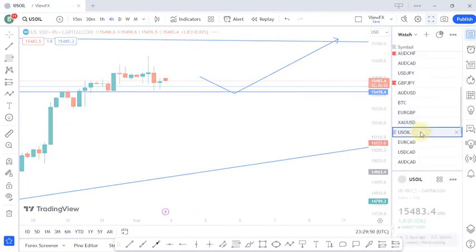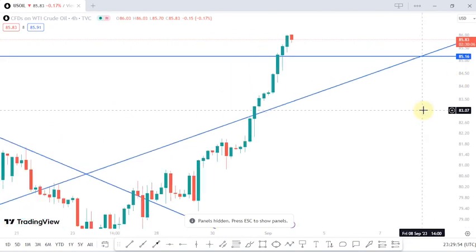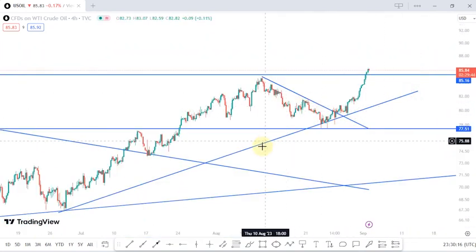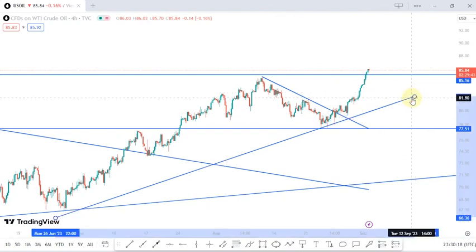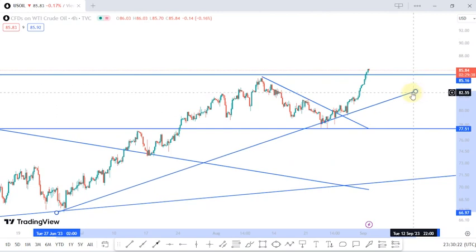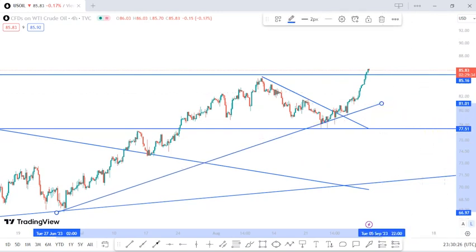Let's look at US oil. So this is what happened here. This is our trend line.